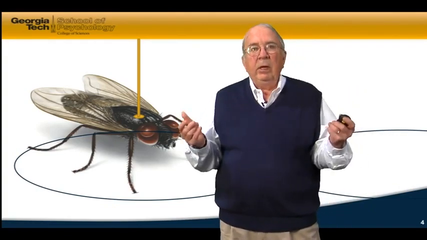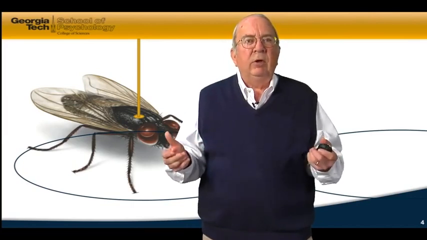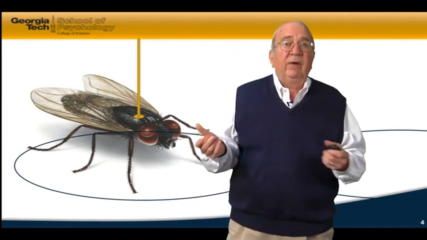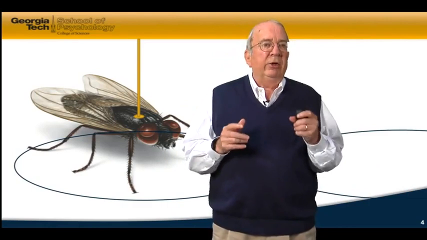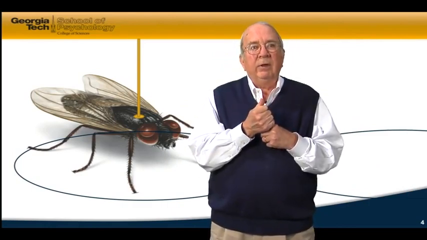Now, so we know what initiates feeding behavior in the fly, and that is presence of food at the tip of the foot of the fly. But how does the fly know that it's full and stops eating? Well, one thing we can do is sort of stuff the fly and see whether it feeds. That's very hard to do because stuffing food through that proboscis, which is a very fragile organ, is very difficult.